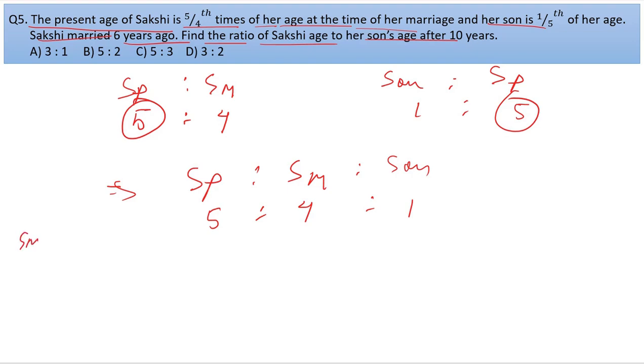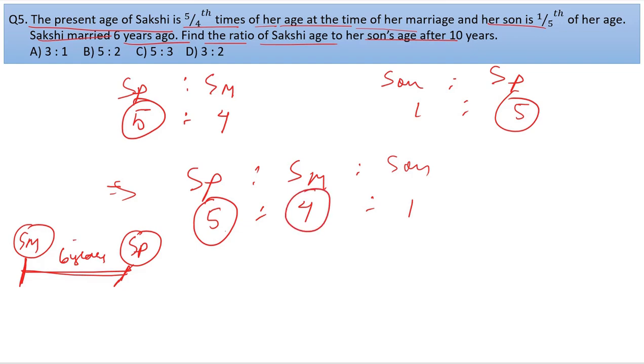That is, Saksi is married here, and this one is Saksi present, and the gap is 6 years. From this we understand that the difference between the age of Saksi during her marriage and the present age of Saksi is 6 years. So now we have 5 here, 4 here. The difference is 1 unit, and this 1 unit is 6 years.